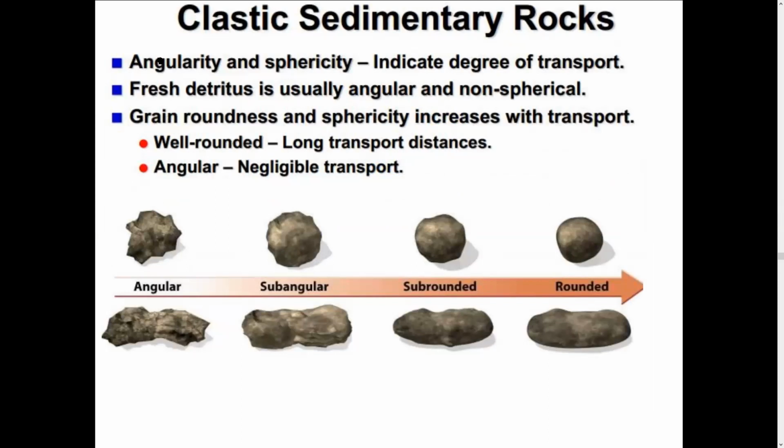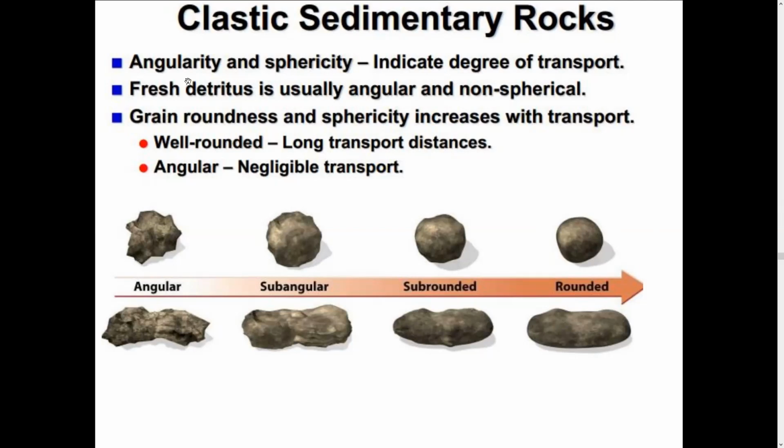Those that are angular in shape, this is an angular shape, would have been transported over a shorter distance, while those that are spherical in shape would have been transported over a longer distance, which basically means that the long distance has given enough time and enough effort for them to be rounded off.